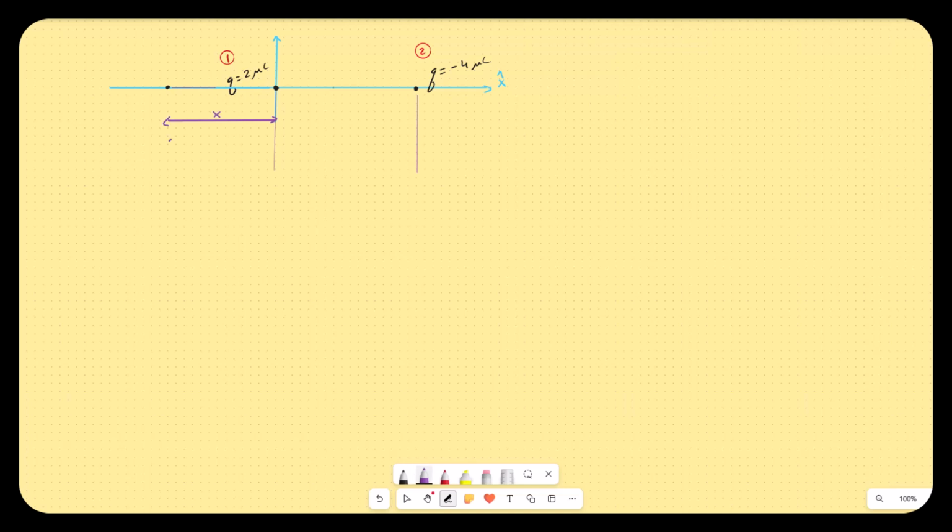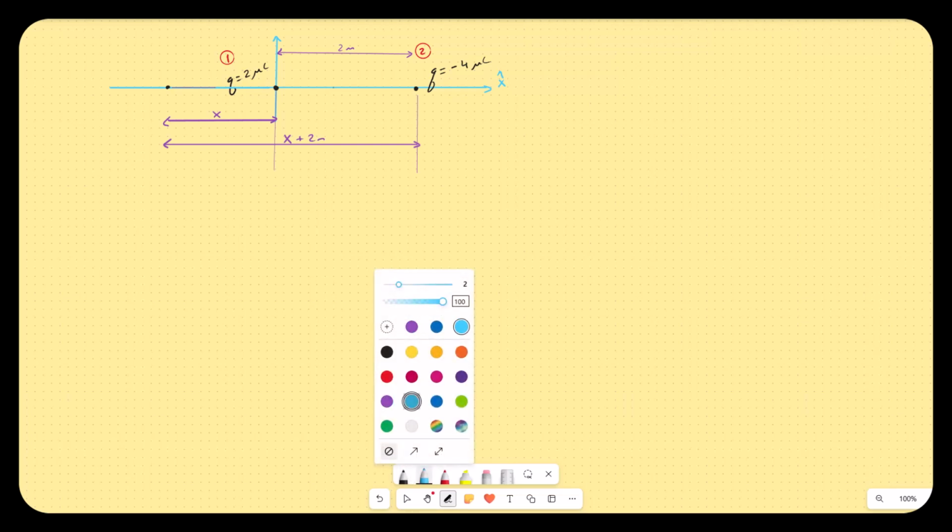So then the distance from here to the far end, I need a distance between these charges. Let's say this is, we'll stick with 2 meters. So this is going to be x plus 2 meters. Now I can write these things out a little bit.